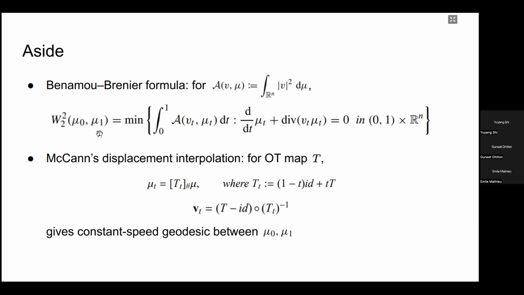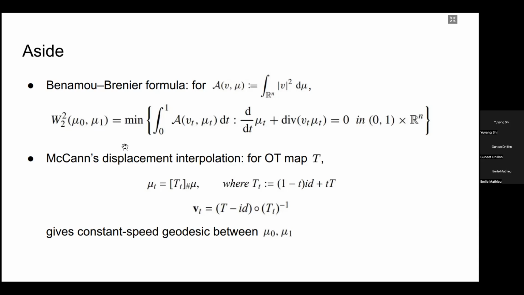One way to calculate it is as the minimum of this kinetic energy among all vector fields that solve the continuity equation and among all intermediate distributions. Here we're not saying mu_t from 0 to 1 is fixed in any way, but when we take the minimum across all of these measures, you recover the optimal transport distance.